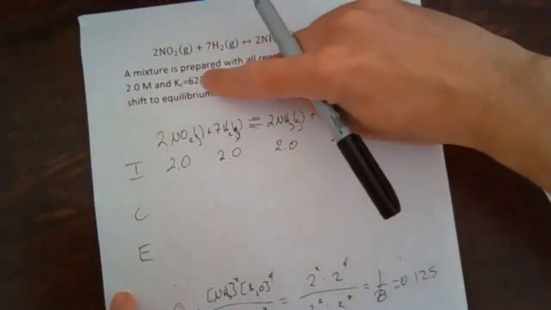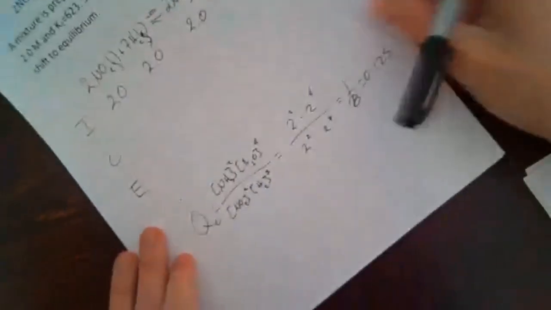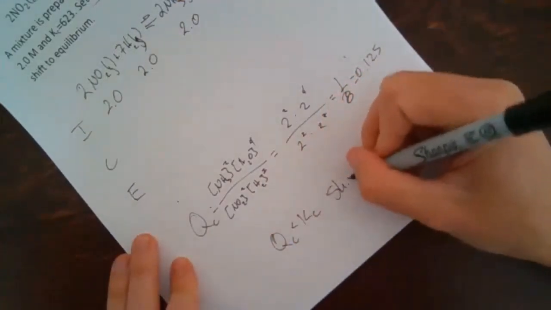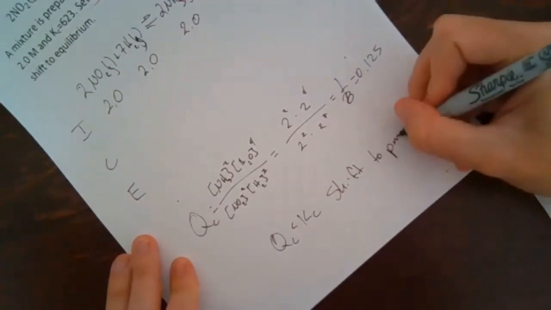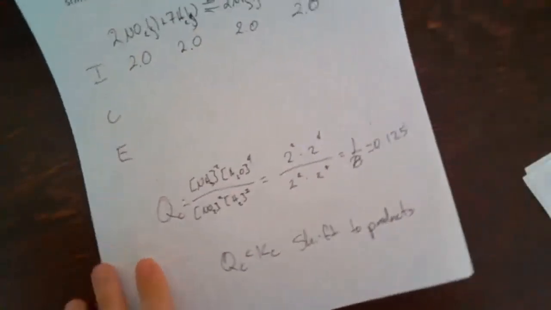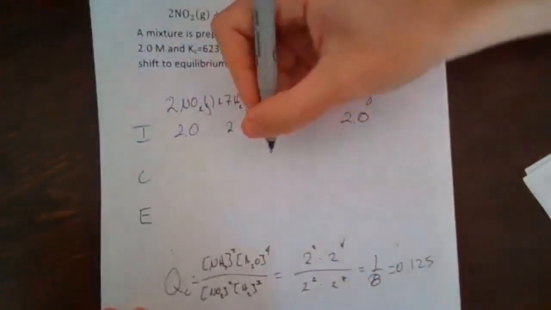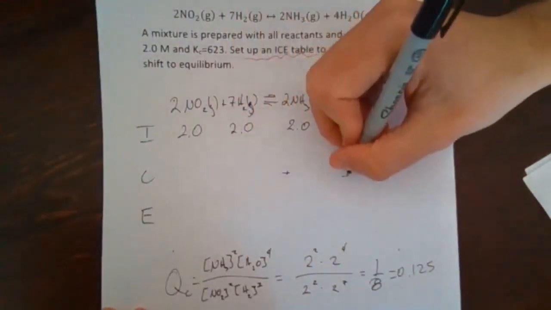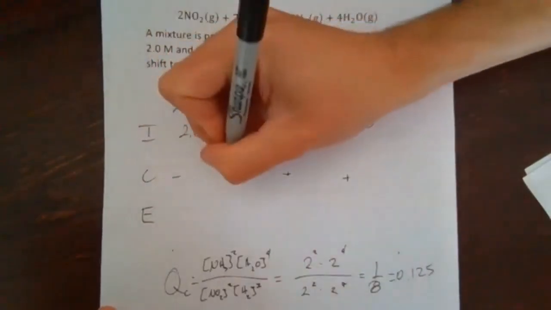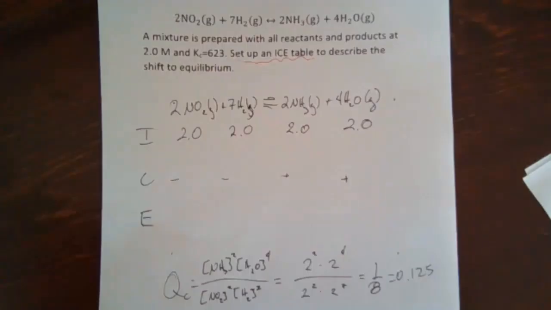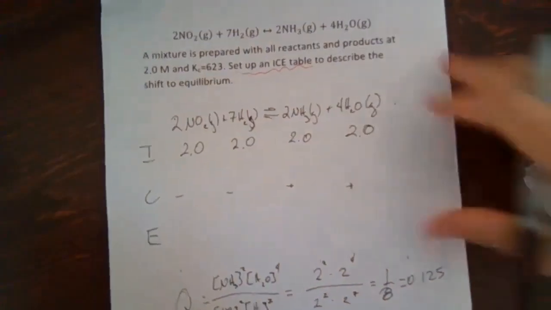Kc is 623. Qc is less than that. Because Qc is less than Kc, that's going to be a shift to products. So if I'm going to have a shift to products, that means positive on my product side, negative on my reactant side.